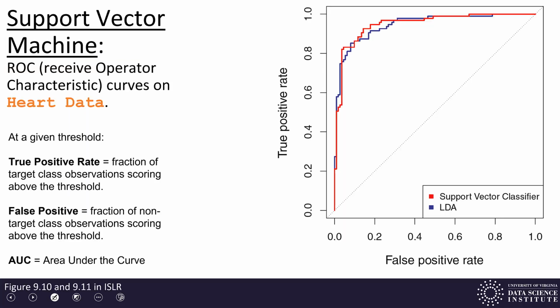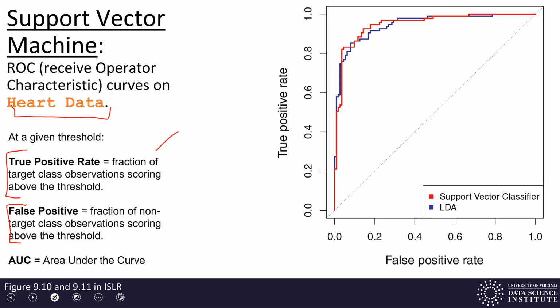We've talked about these before. We set different thresholds on our probability and look at two different rates. The true positive rate, which is the fraction of your target class observations scoring above the threshold, and a false positive rate, which is the fraction of the non-target class scoring above the threshold. Here we're looking at the heart data.